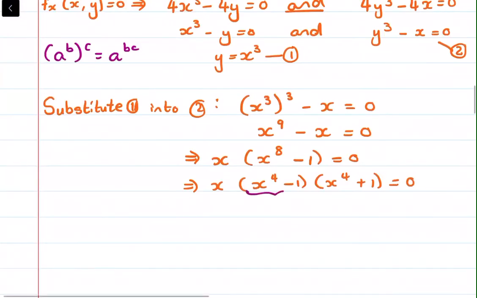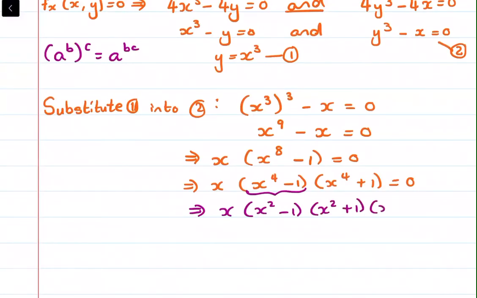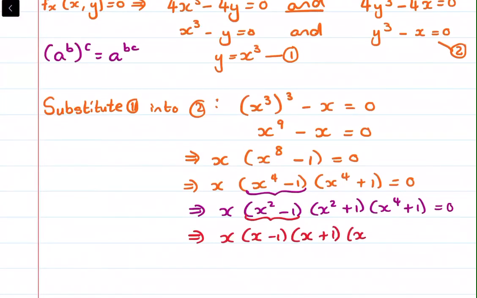Once again, this is another difference of two squares, which means that I have x, x squared minus 1, x squared plus 1, x to the power 4 plus 1 equal to 0. Then this again is a difference of two squares, which means that I have x minus 1, x plus 1, x squared plus 1, and x to the 4 plus 1 equal to 0.